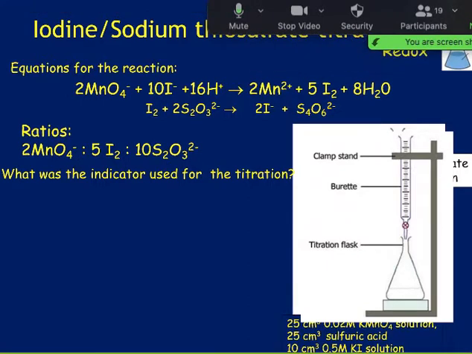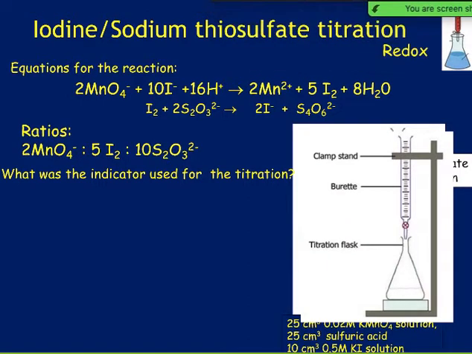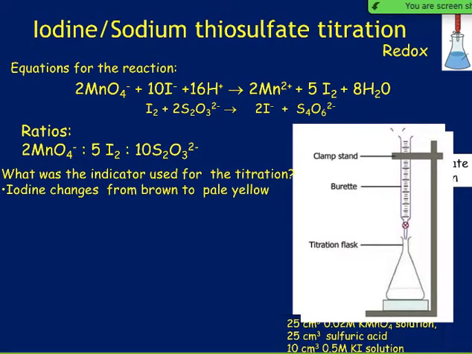So we've said for the redox, they're kind of their own indicators to a point. The indicator that we use for this titration is iodine initially. Iodine, when we do this, starts off at a kind of reddy brown and we go to a pale straw yellow. I call it that because if you're really hydrated, you get really pale yellow urine.